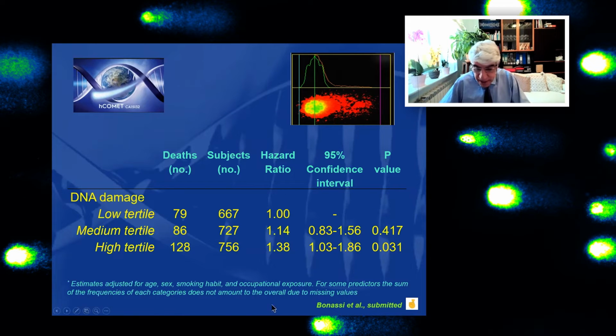The analysis you see here, adjusted for sex, age, and smoking habit, shows that subjects in the medium tertile have a little higher increase of mortality, whereas people in the highest tertile have a 38% significantly increased mortality, which is more or less in the same range of effect as for the other micronuclei, which is quite interesting.